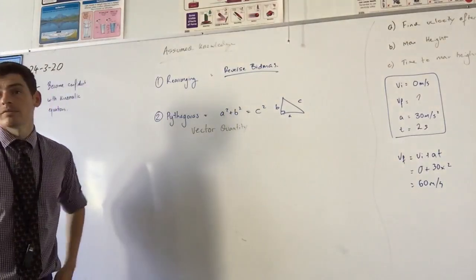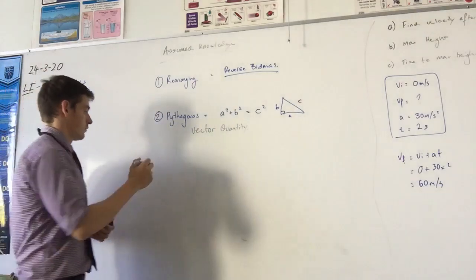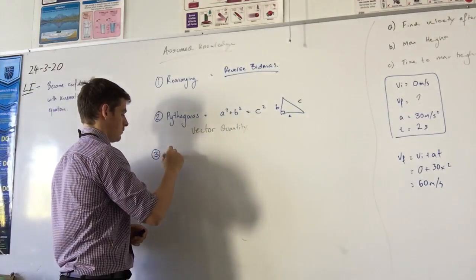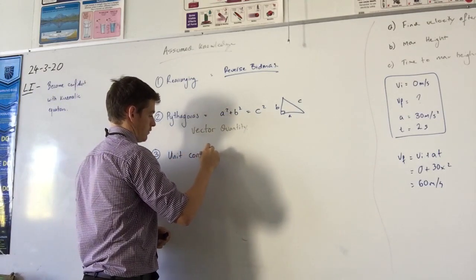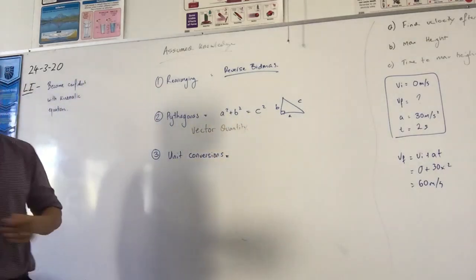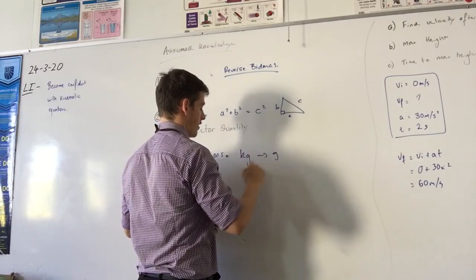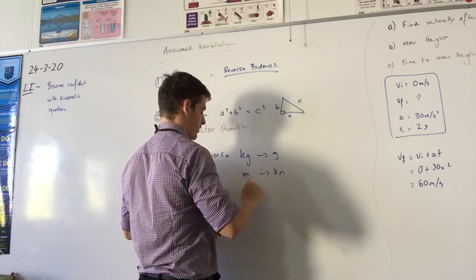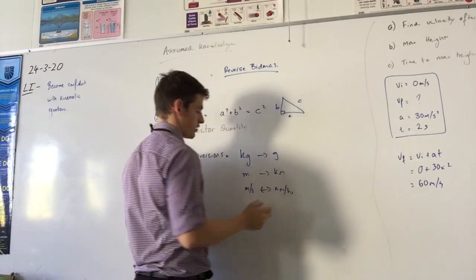Number 3. Unit conversions. Do you know how to go between kilograms to grams, meters to kilometers, meters per second to kilometers per hour, and vice versa for that one?